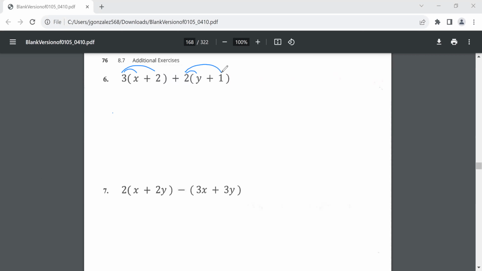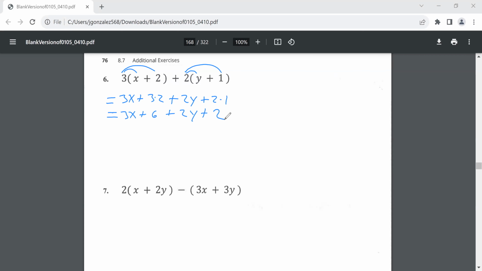So 3 times x, 3x. 3 times 2, 6. Plus 2 times 1. So if this was a negative, this would be -2, right? Okay, so that'll be 6. This will be 2, right? Nothing crazy. So at this point you check, do you have like terms?